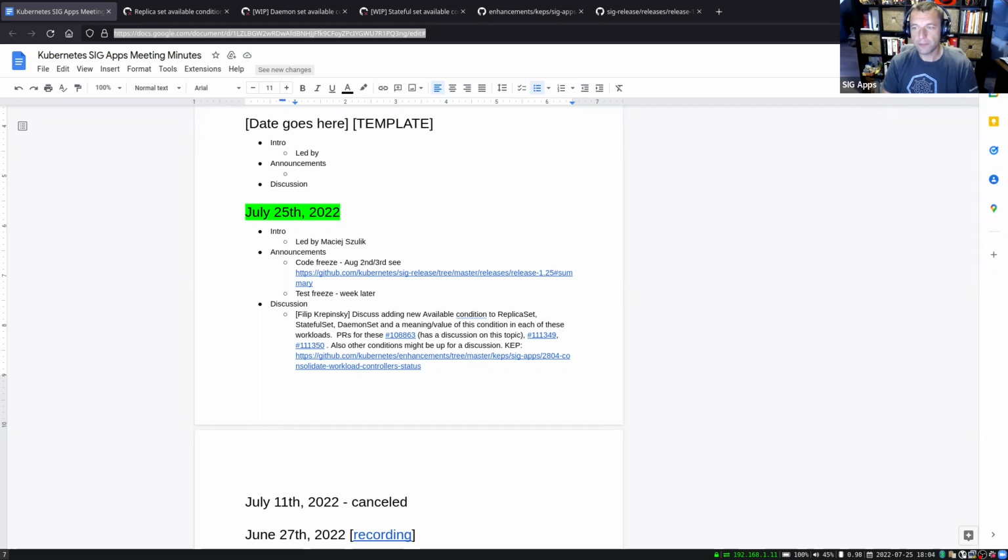And a week later will be a test freeze. If you're not familiar with what these two are, code freeze is when all the enhancements, all the code changes have to be merged by that date. Test freeze happening a week later allows us to submit only tests for a week longer than code changes.